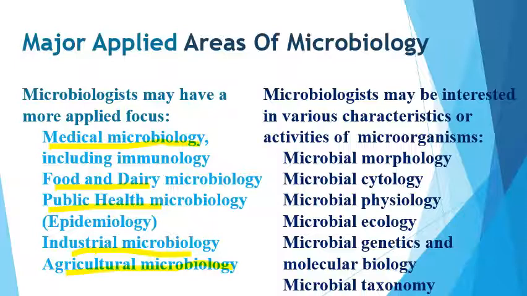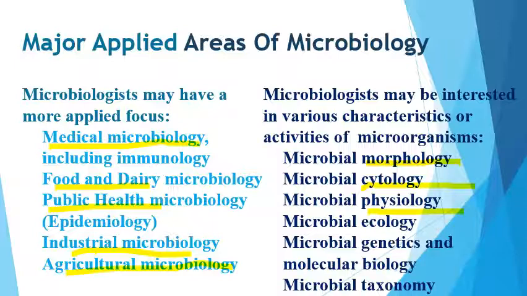The other one is where we discuss some characteristics or attributes related to microorganisms, in which we discuss morphology, shape, structure, cell study, internal organization, and internal changes related to physiology.